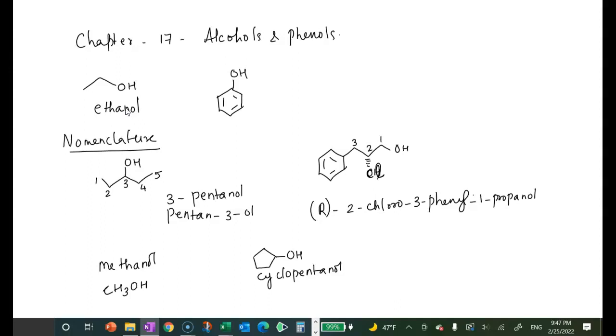You can obtain denatured ethanol, which means that you add a small amount of methanol to make it contaminated, so that it is not used for drinking purposes and is only used for industrial purposes, for preparation of other compounds. That is called denatured alcohol.